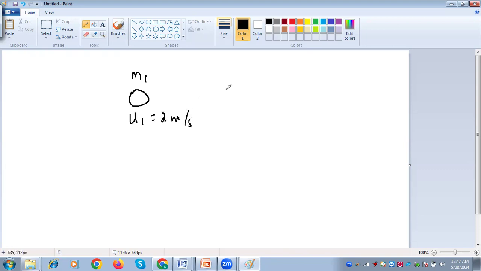And this is M2, moving in the same direction with velocity U2. U is the symbol of initial velocity. Suppose U2 is equal to 1 meter per second.